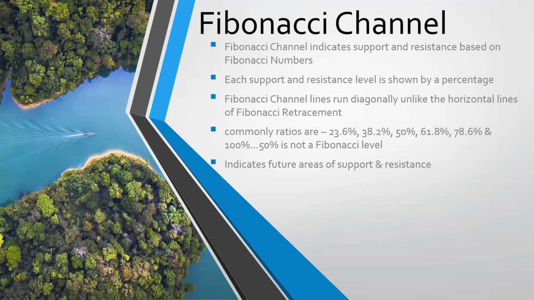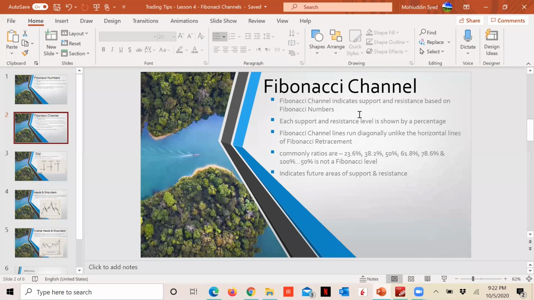It's just based on that Fibonacci sequence. So nothing changes here. It indicates future areas of support and resistance. Everything is the same except this third point, that Fibonacci channel lines run diagonally, unlike the horizontal lines of support and resistance for a Fibonacci retracement.